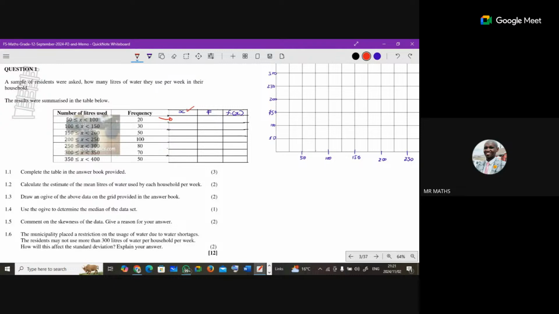Then this one, lo F, this is cumulative frequency, by the way. Cumulative frequency, but to X, akamelanga cumulative frequency. X umele ntoni sithi midpoint.